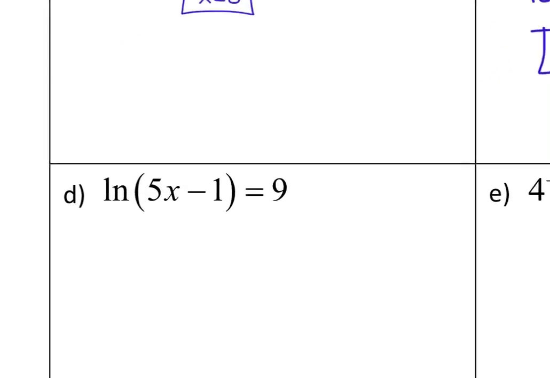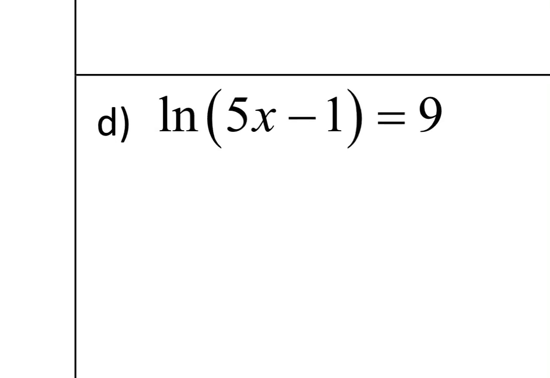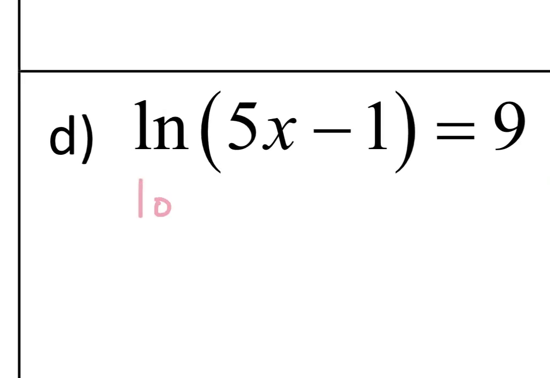So letter D is a lot like letter B, where you have a single logarithm on one side equal to a number on the other side. Remember that ln is the same as saying log base e of whatever's inside the parentheses is equal to 9.